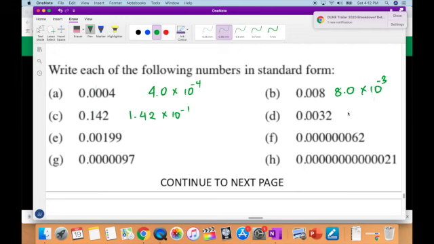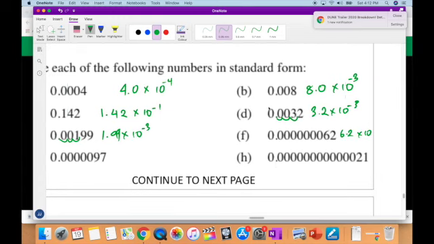So this one here, same thing, will be 3.2 by 10 to the negative 3. This one here, 1.99 by 10 to the negative 3. This one will be 6.2 by 10 to the 1, 2, 3, 4, 5, 6, 7, 8, negative 8.